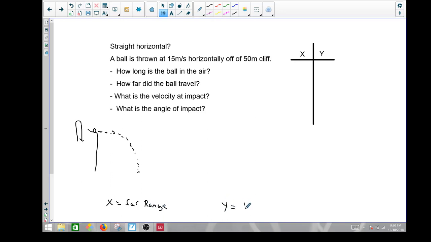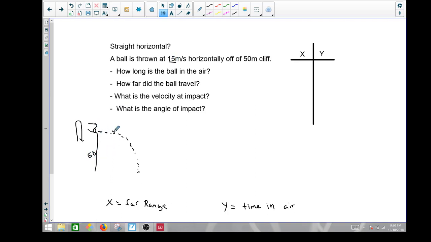It controls time in the air. That's the most important thing. It also controls max height, which of course, if it's on a cliff, how high you are off the cliff is the max height. If we shoot this thing off the cliff at 15 meters per second, which it states right here, and we're 50 meters off the ground, I'm at my max height already, which is 50 meters.